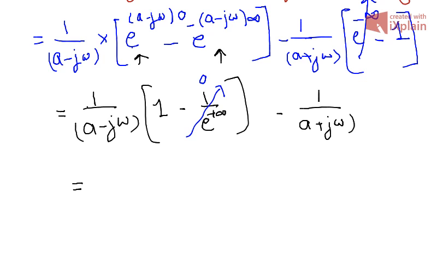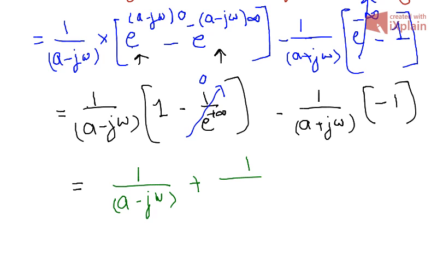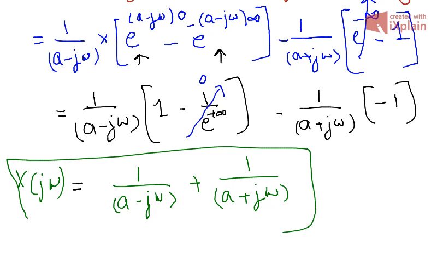You have minus 1 here, so I have 1 over a minus j omega, minus and minus is plus, and 1 over a plus j omega. So these two are basically your X of j omega. You can say your X of j omega is here.